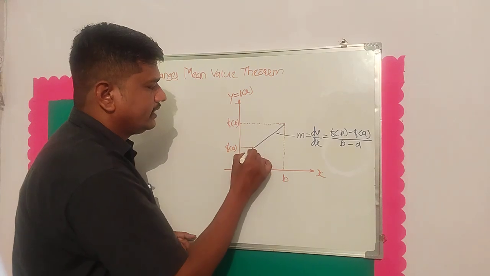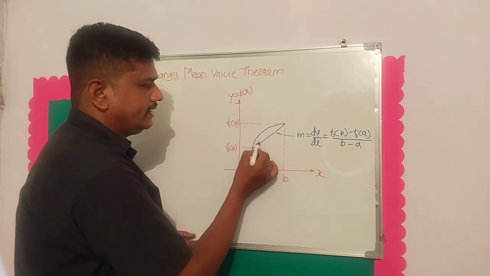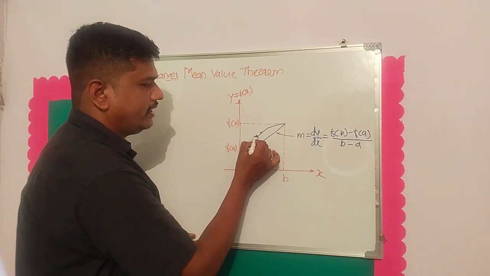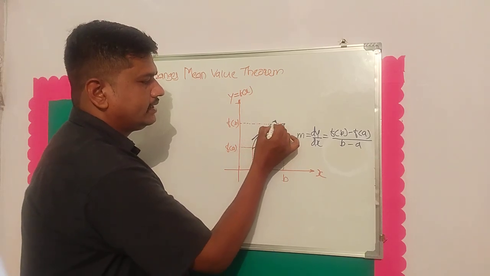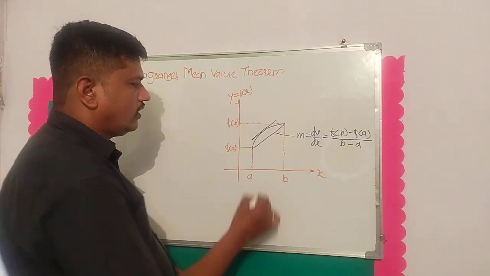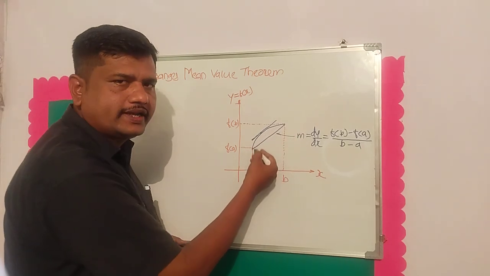Okay, so for instance, if I draw something like this, I can see that somewhere at this point I'll get exactly the same slope as that of this line, or else whatever the way, the straight line is already there.